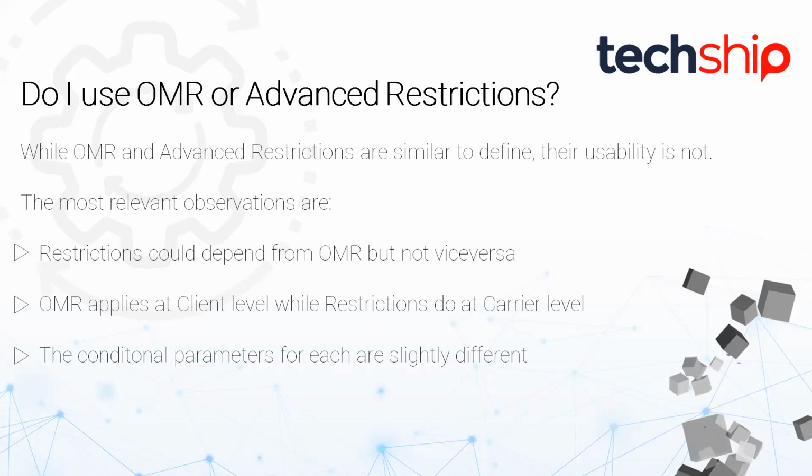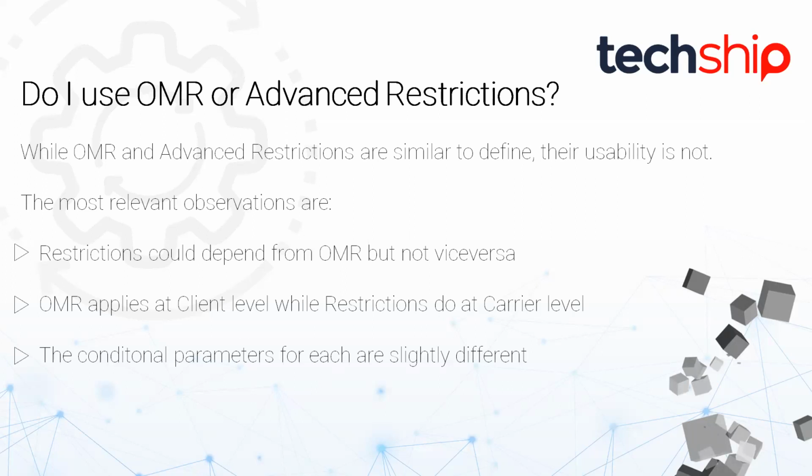In terms of the range of application, OMR rules apply at a client level, while restrictions apply at a carrier level. When you define a restriction, for example, rate shop ground, two-day, and I don't know, 3-day select for FedEx, for example, or UPS, or a similar service, that restriction that you define, the service level restriction, is defined at the carrier account.